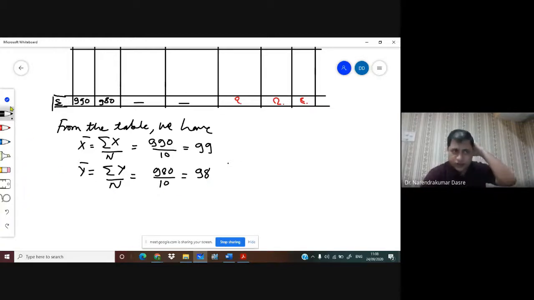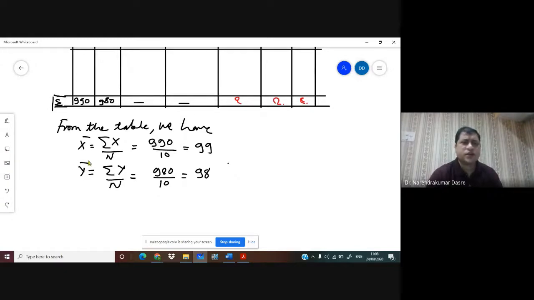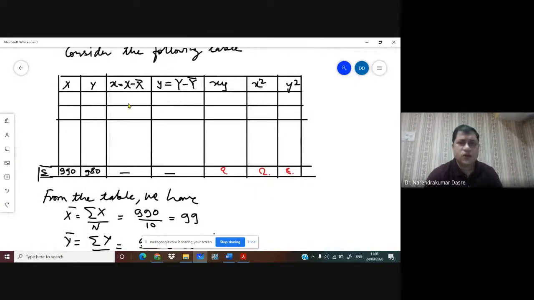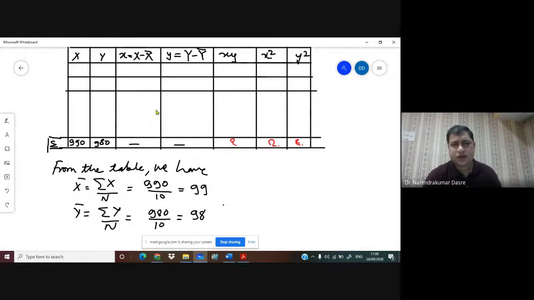Okay, so once we are able to get this x bar and y bar, then we have to calculate the remaining table. Okay, so once you get this x bar and y bar, please calculate the remaining table. Okay, so I want you to calculate the remaining table now.